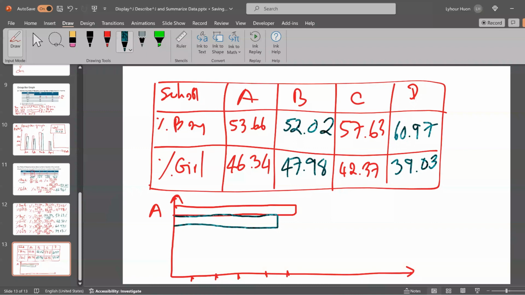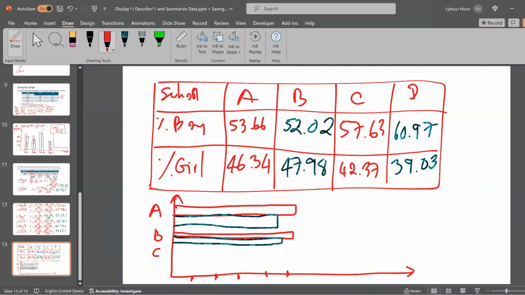So this is for A. Then for B, it should be 52 and 47.